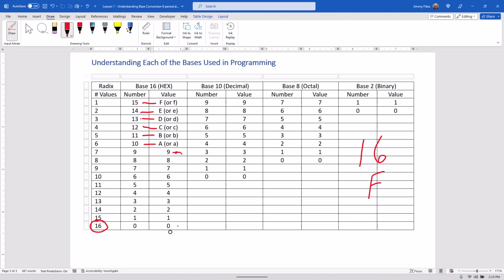Base 10, we start at 0, we go to 9, and that's a total of 10. Base 8 has 8 counting values. You can just draw a line from the zeros over here and see that there are 8 counting values in base 8, and the largest of those will always be 1 less than the name of the base. Base 2 is the same thing.